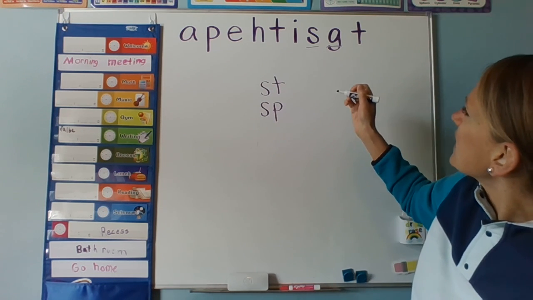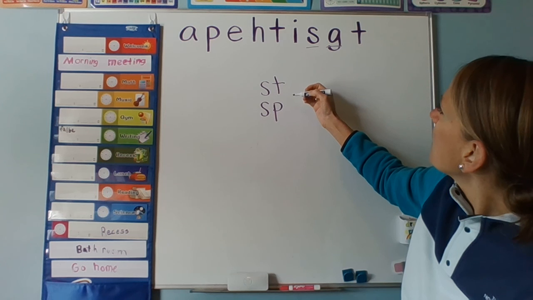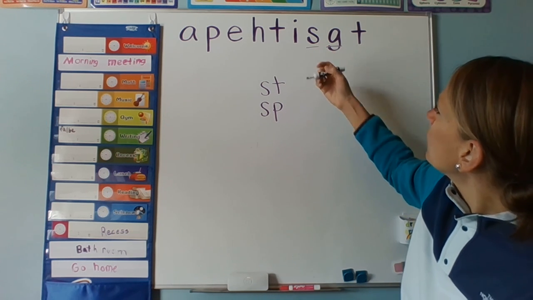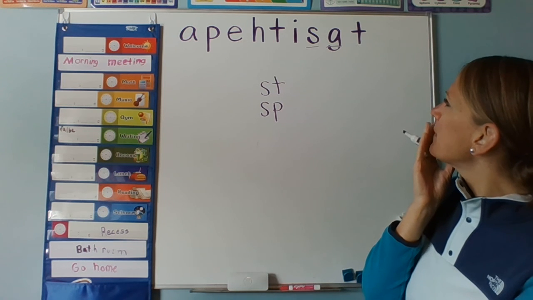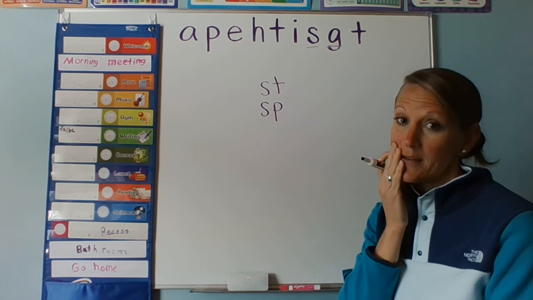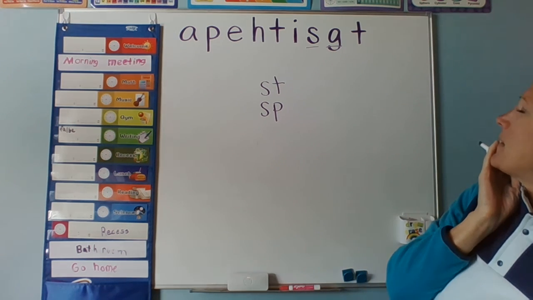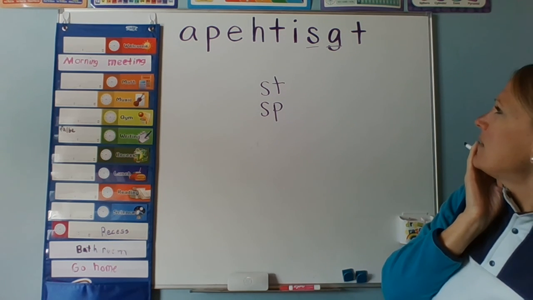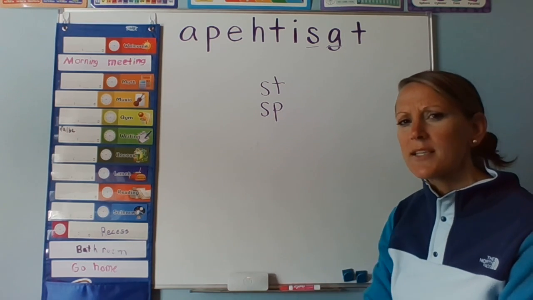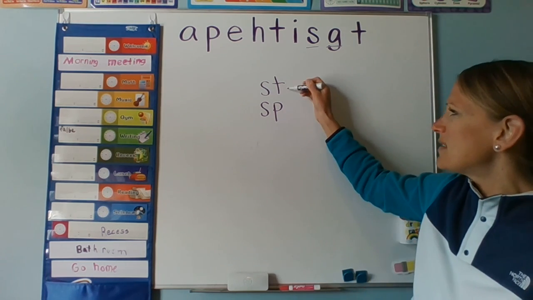PH, let's see. ST. Well, those are about the only two I can think of that we can make for the beginning of this word. I don't know. There might be another one that I'm just not thinking of right now. But if it starts with a consonant blend, it's going to start with one of these.